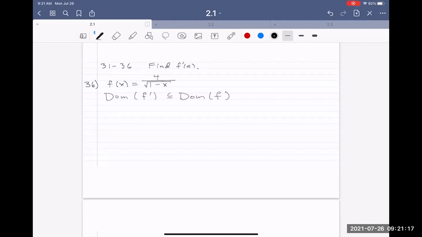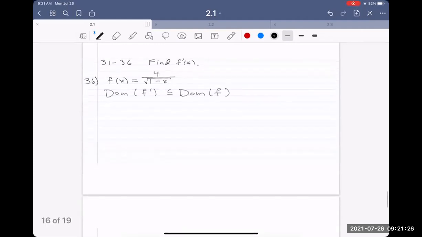So first, let's find the domain of f. Then we can figure out what the domain is of f prime. So the domain of f. Let's figure that out first. I don't want to divide by 0, nor do I want to take the square root of a negative number. So I want whatever is inside a square root to be positive.